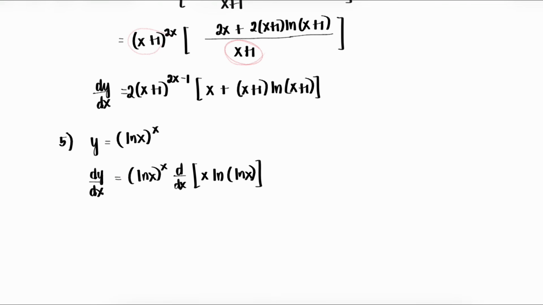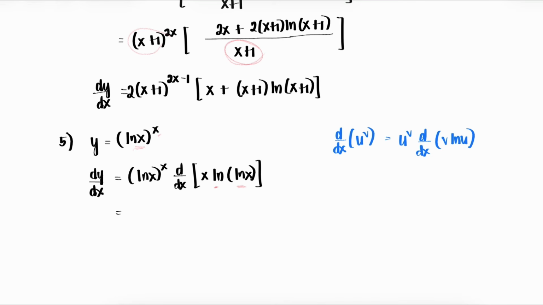I hope you get that, because our formula again, d/dx of u to the power of v is equal to u to the power of v times the derivative of v ln of u. And so our v here is x, and our u is ln x. That's why we're taking the ln of our u, which is ln x.